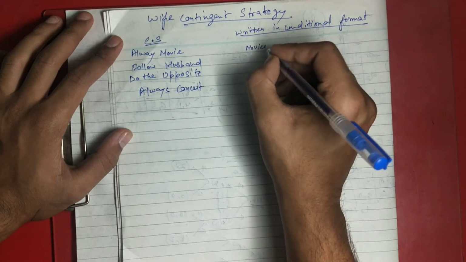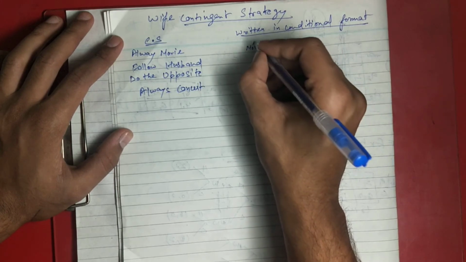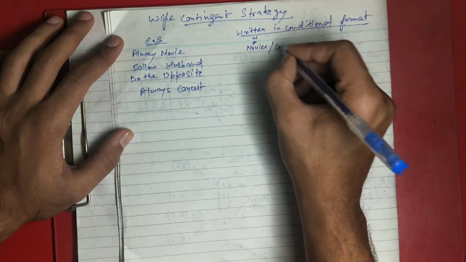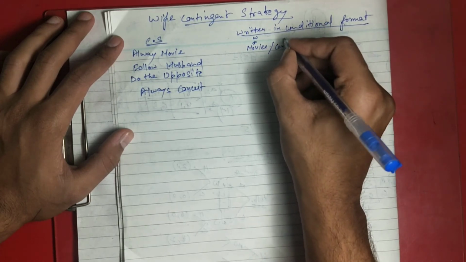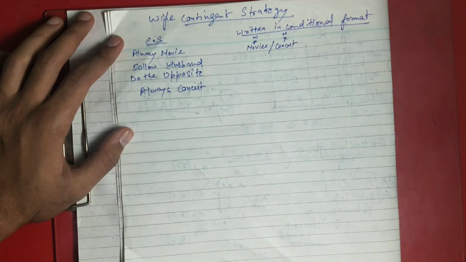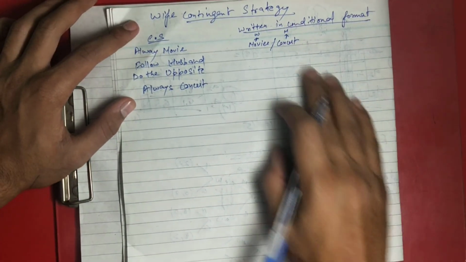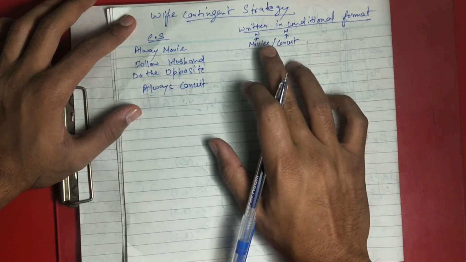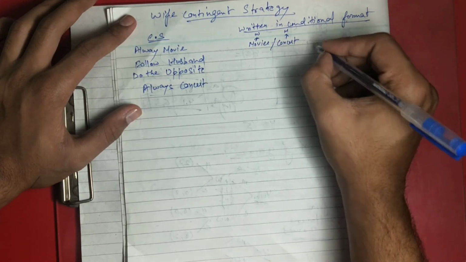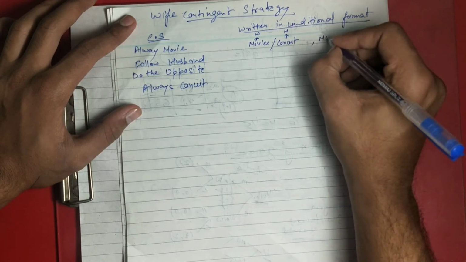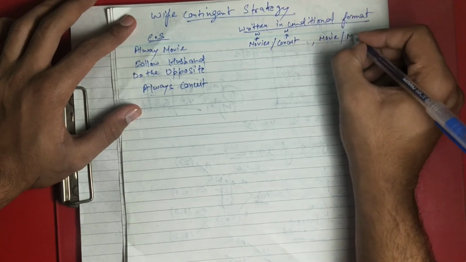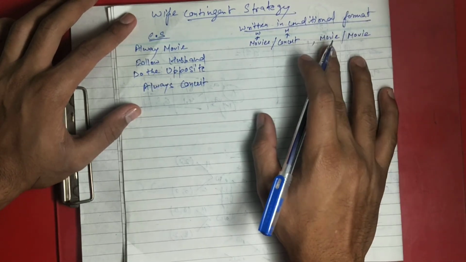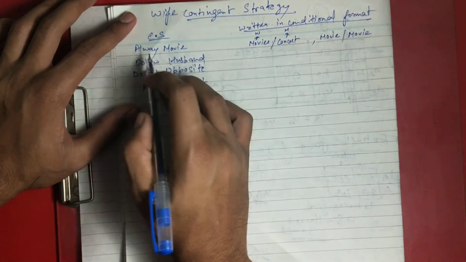Movie, this is for wife, and movie concert, this for husband. So husband has two options and wife also has two options. So wife will always choose movie. I have written first movie concert, and the second option can be movie and movie. Husband can also choose movie, right? It can happen, right? So this is our first case.